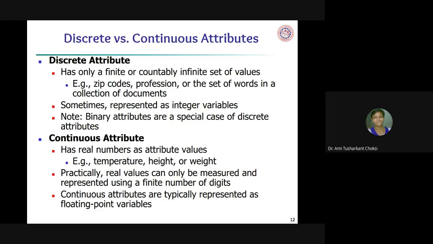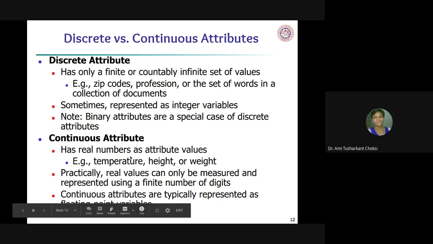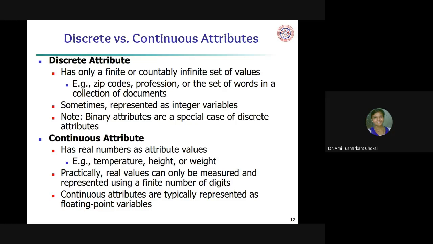Next is continuous attributes. What does that mean? It has real numbers as attribute values. For example, temperature, height, weight, cost of house, something like that, right? Price of house.